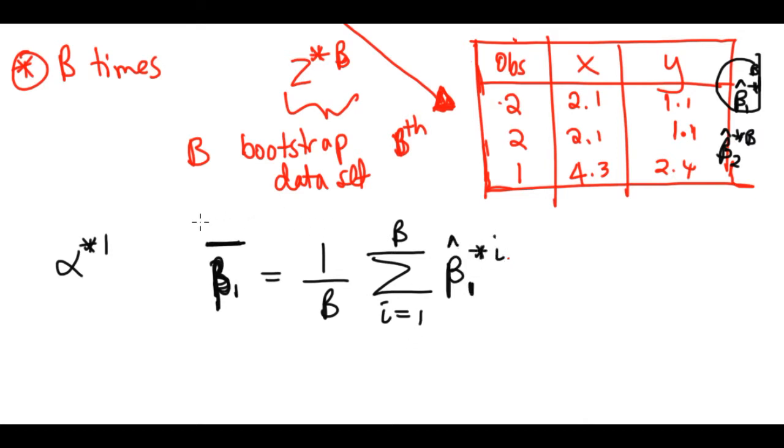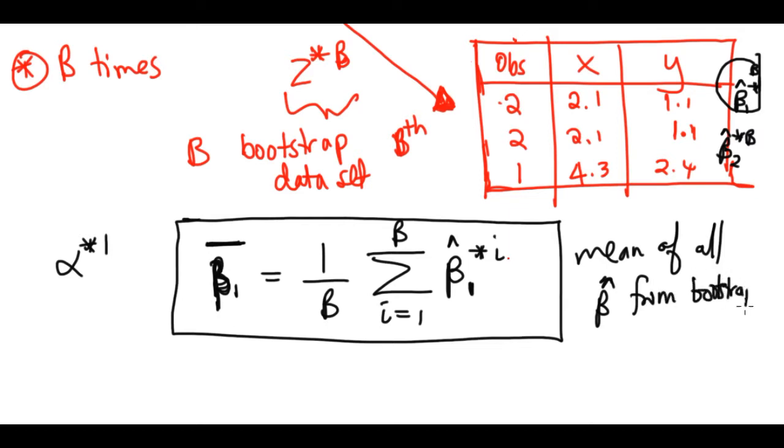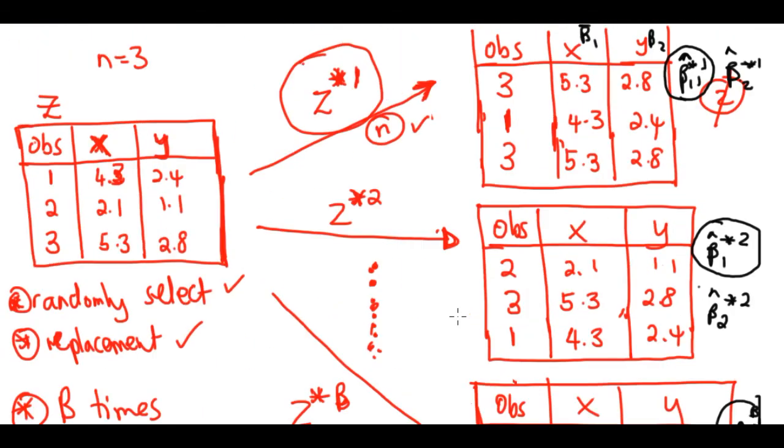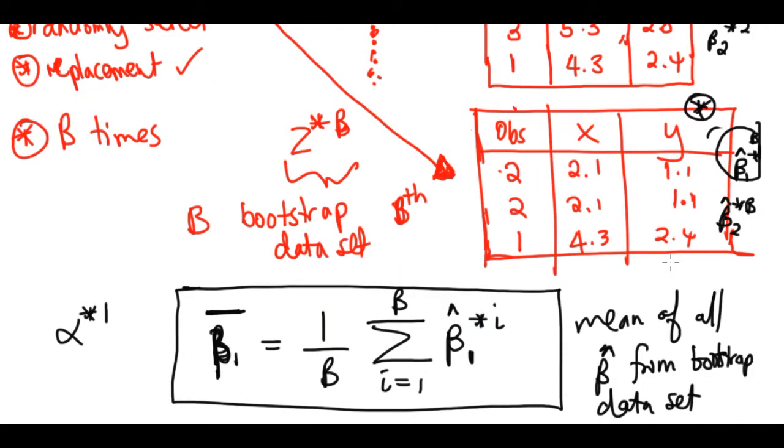Here we are just getting the mean of all beta estimates from the bootstrap data sets. We created our bootstrap data sets, fit the model, get our betas from each, and then add this beta 1 plus this beta 1 and so on, and get the mean.